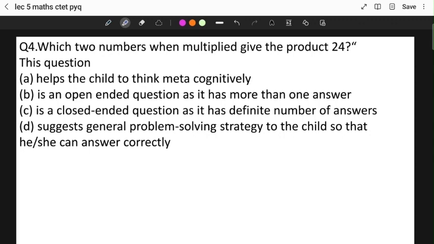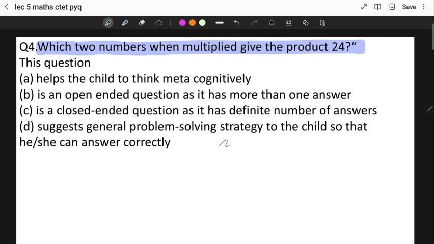It is a previously asked question, but the thing you have to understand here is that there are multiple ways in which we can obtain the product 24. What does it mean? Look here carefully.